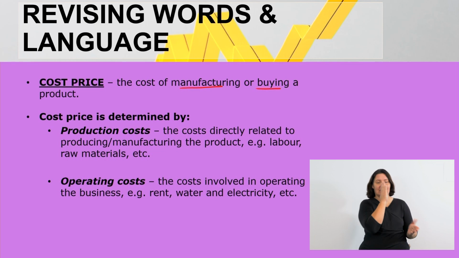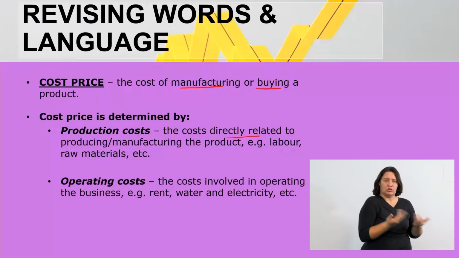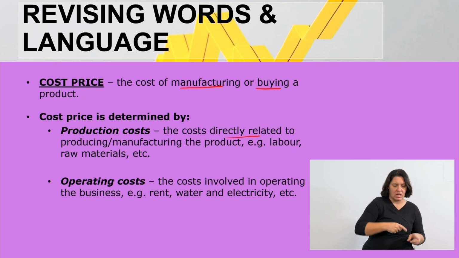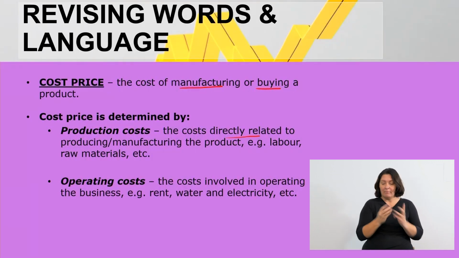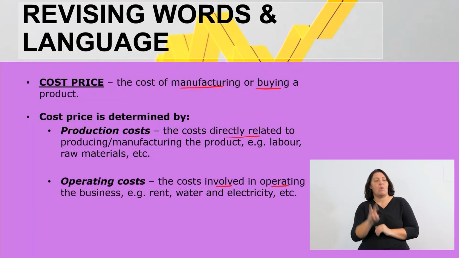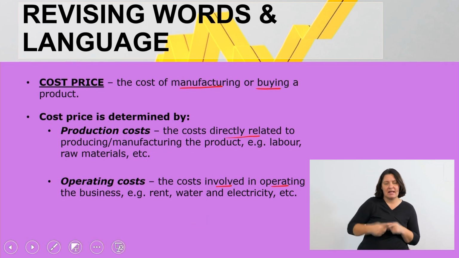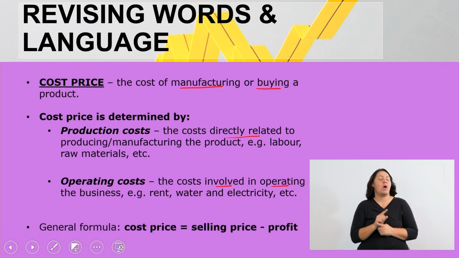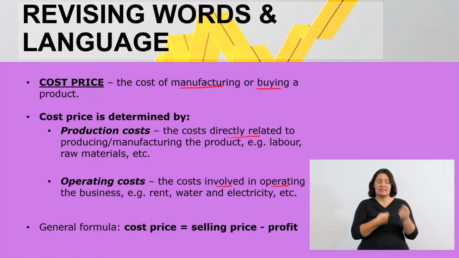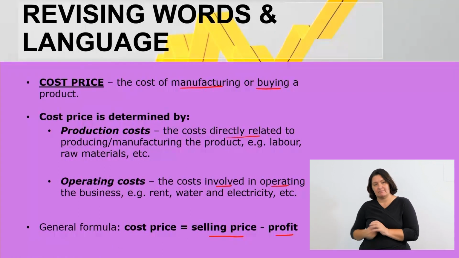That is cost that's directly related to producing or manufacturing the product. For example, labor, raw materials, etc. Then your operating cost is the cost involved in operating the business, right? For example, water, electricity, rent, and so on, right? What is the general formula for calculating cost price? We are saying it's your selling price minus your profit.